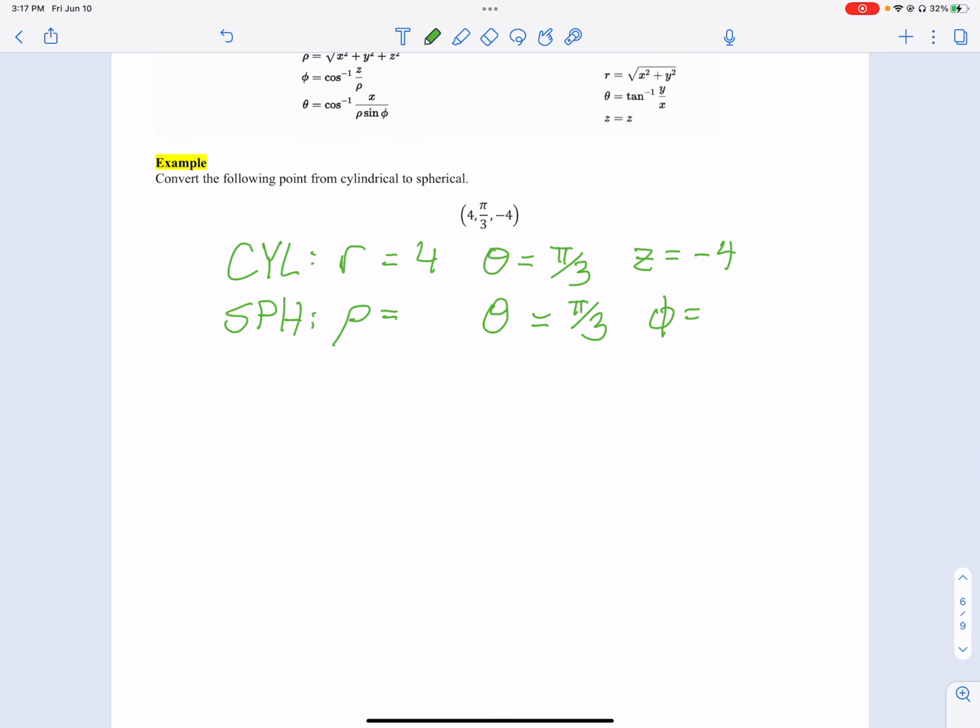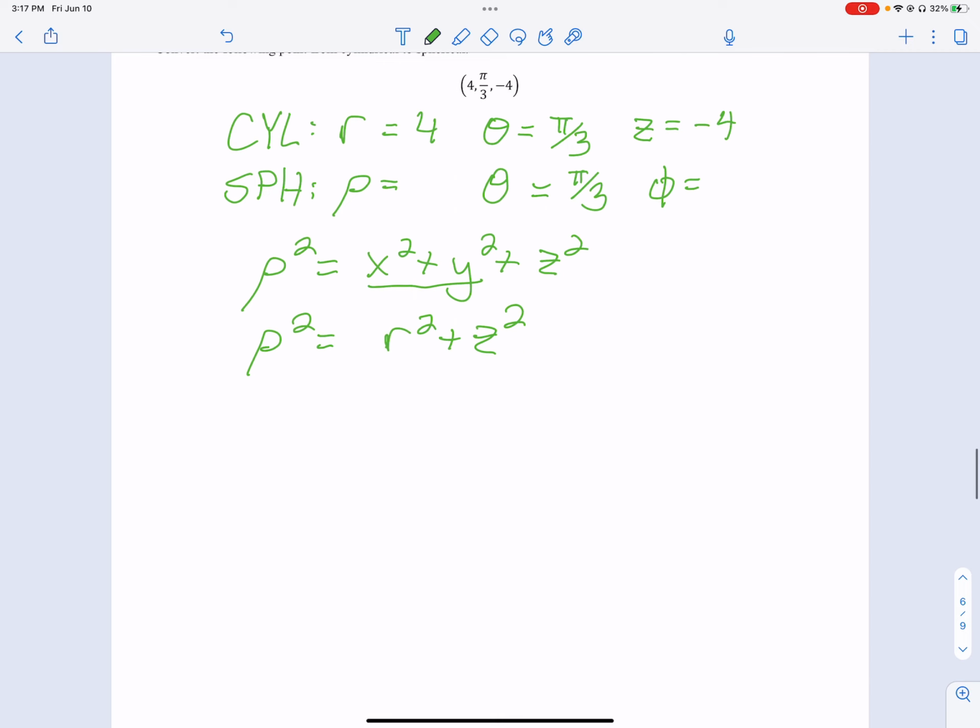So to get from one form to the other, I know that rho squared is x squared plus y squared plus z squared. Now you're thinking, well, we have a z, but we don't have an x squared plus y squared. But I know from the formulas above that x squared plus y squared is r squared. So we actually do have a formula that we can use. So rho squared is 4 squared plus z squared, negative 4 squared.